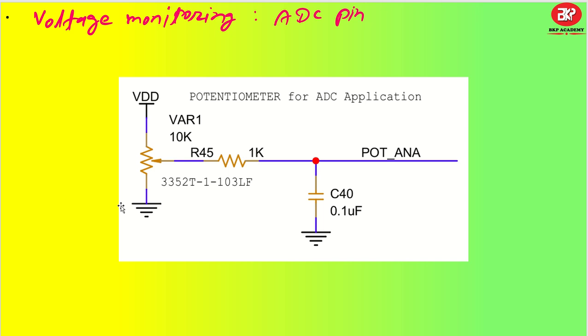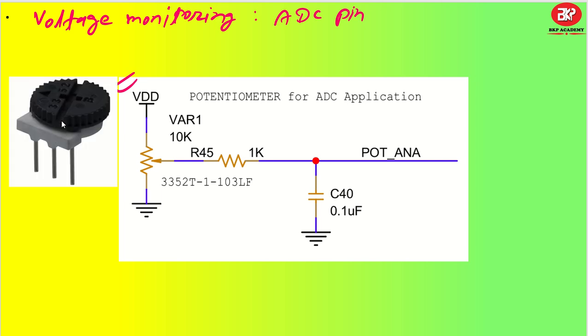Another application can be a potentiometer. Basically, you vary your potentiometer. Let us say this is the potentiometer that is connected. One pin is connected to the VDD power supply, another is connected to ground, and one is connected to the varying resistance. As you rotate, the resistance up and down will vary, and this is how you will have a voltage division here.